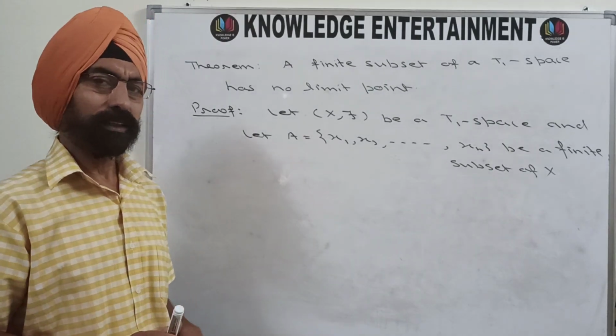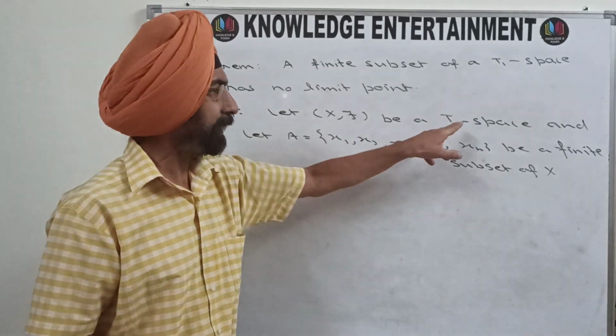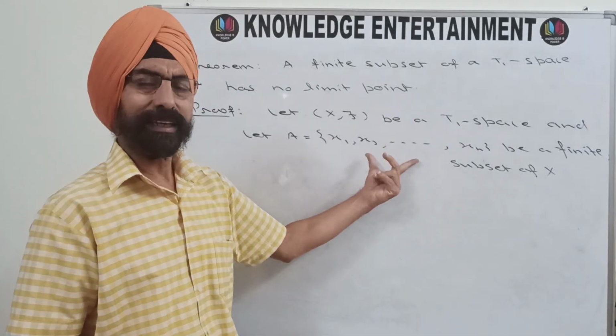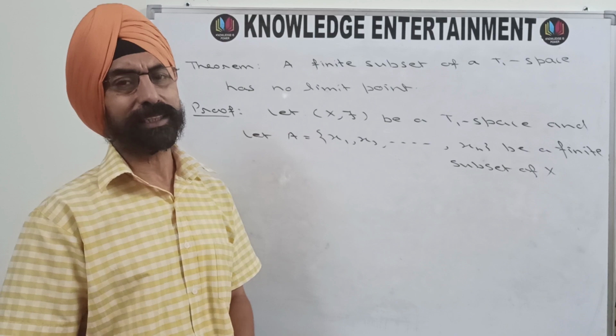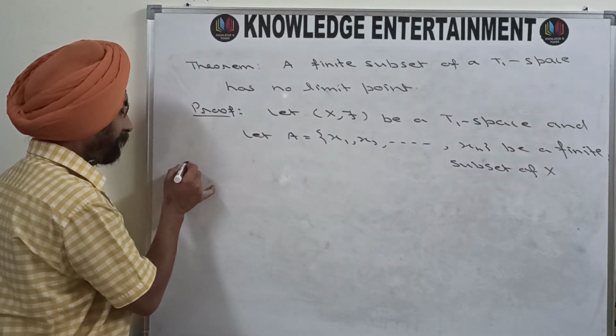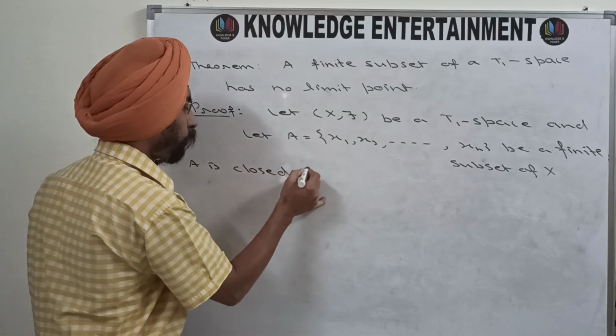One thing you must know, that A is a finite set, and in a T1 space finite sets are closed. So this is a closed set, and a closed set contains all its limit points. I'm writing it now. A is closed. Why?